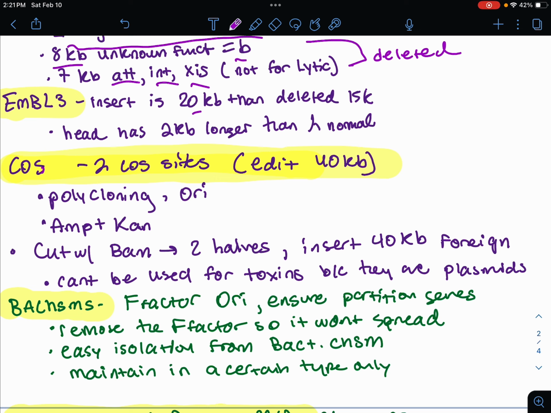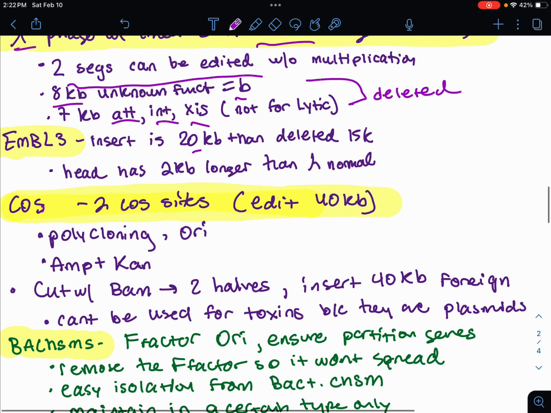The lambda phage particles are produced during the previous stage of infection. The DNA is packaged into these capsids in the cytoplasm of the infected cell. The foreign DNA fragment is inserted into the vector DNA by cutting with the restriction endonuclease. Then you're going to anneal, and then you're going to start ligating.